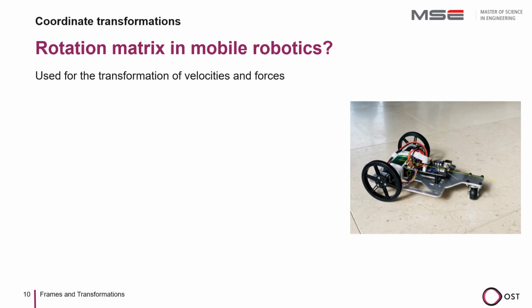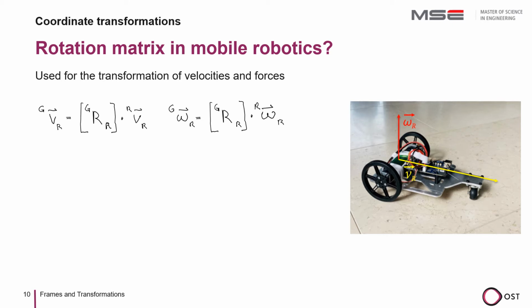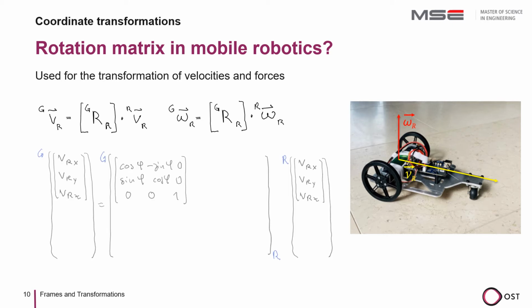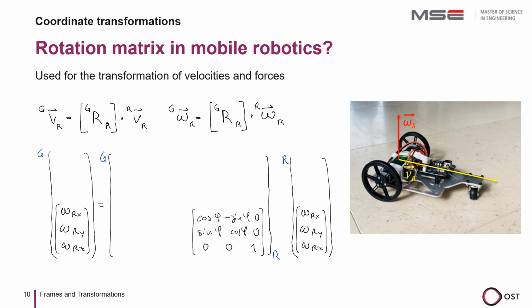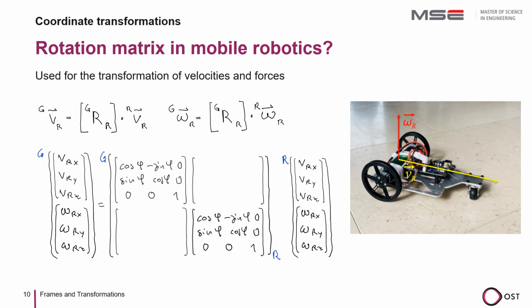For a mobile robot, we can use the rotation matrix to transform the velocities and angular velocities. In mobile robotics, it is common to combine velocities and angular velocities in a joint transformation using zero matrices to avoid coupling of the physically completely separate relationships. In planar mobile robotics, we assume that we are moving on a z-plane and therefore Vz, omega x and omega y are zero.